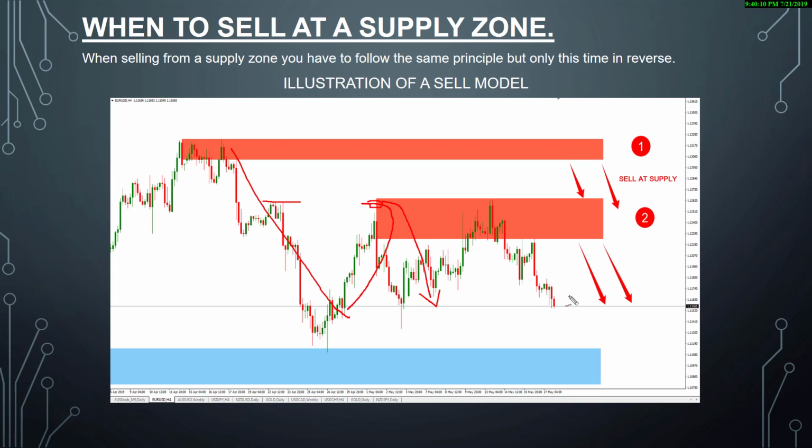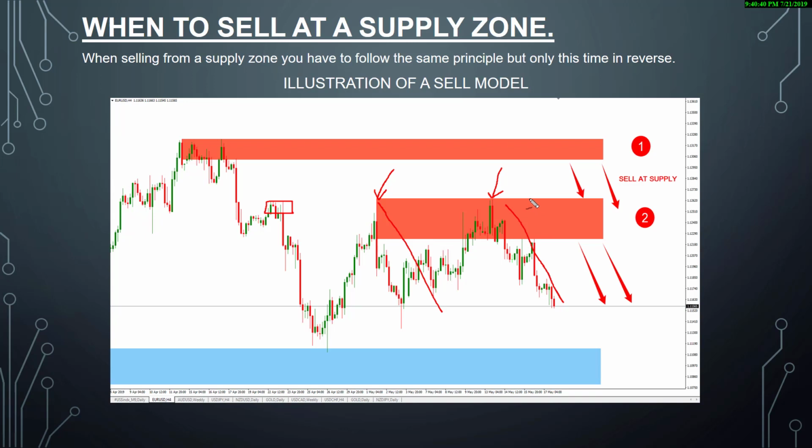See, this would have been a much better entry to the downside because you are selling from this supply zone. Look how market respected this area with one and two trade opportunities, which would have ripped massive pips in the market to the downside, right?